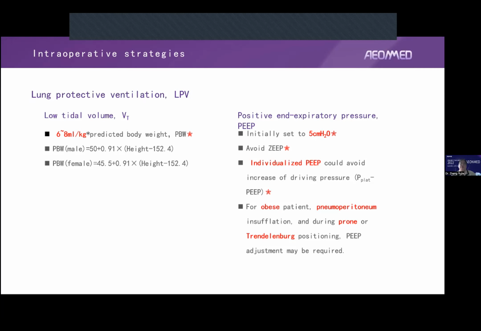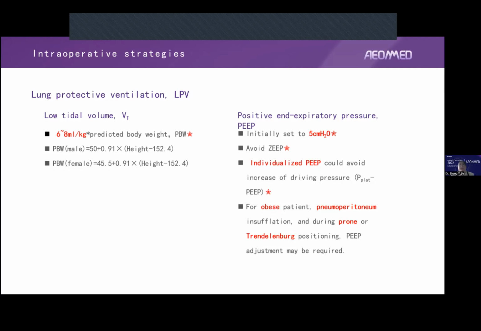We used to say that high airway pressure can cause lung injury, but the pressure usually meant the maximum inspiratory pressure, PIP. But actually, the study shows that PIP was not a predictive factor for PPCs, while the driving pressure is. So we should change our mind: what we really should avoid is an increase of driving pressure, not the maximum pressure.